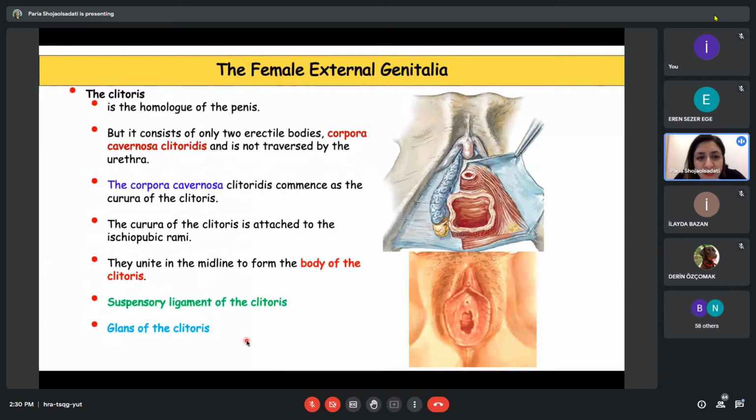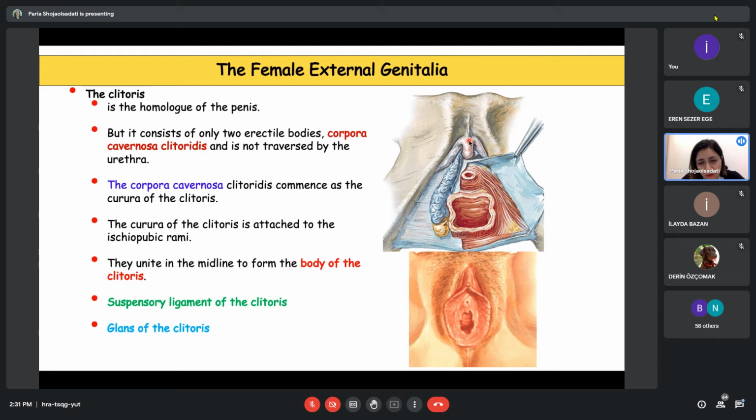The clitoris is homologous to the penis, as I mentioned before. It's connected to the ischiopubic ramus by two crura in the lateral side. The central part is famous as the body of the clitoris, and the tip is named the glans clitoris.